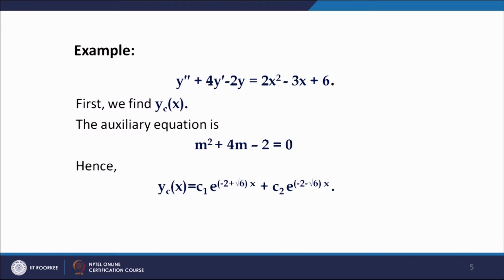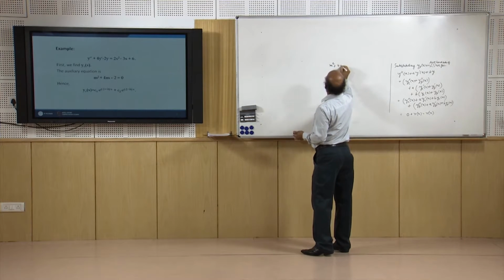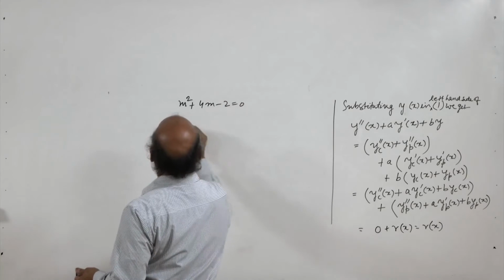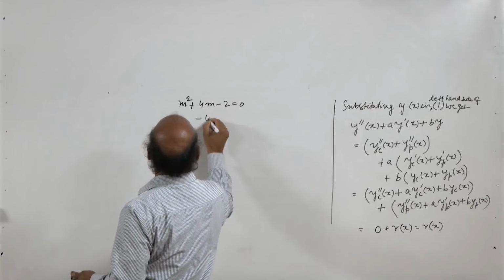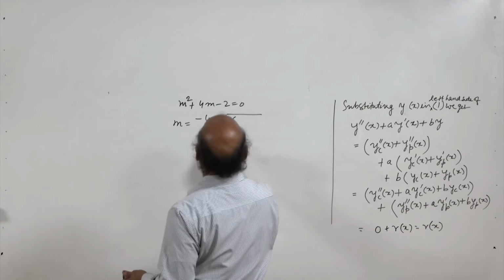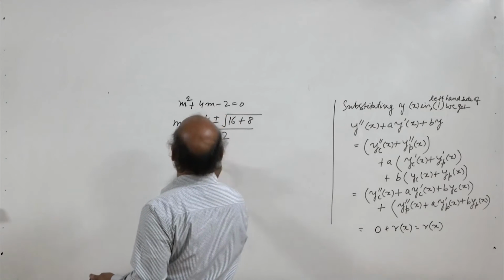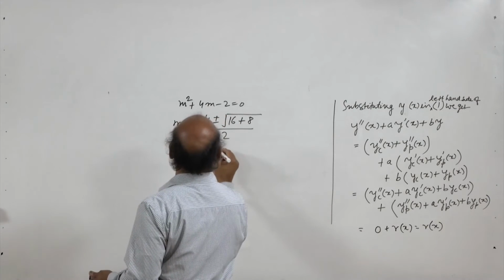So, to find y_c(x), we write the auxiliary equation m square plus 4m minus 2 equal to 0. We can find the value of m for this. So, this will come out to be minus 4 plus minus root 24 by 2.